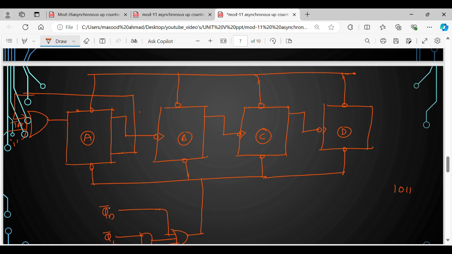Similarly, I'll take one XOR gate. The output of this I'll give to the input. One of the inputs is TB, which I'll make as 1. The other input comes from Q bar. This is Q, this is Q bar. Q bar is connected to the input through the exclusive OR gate.